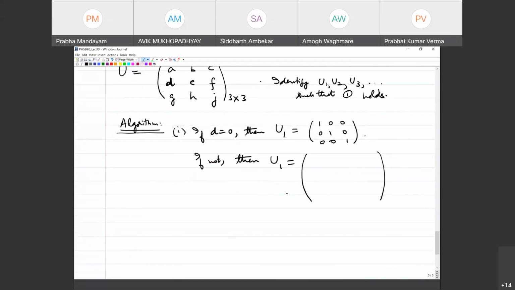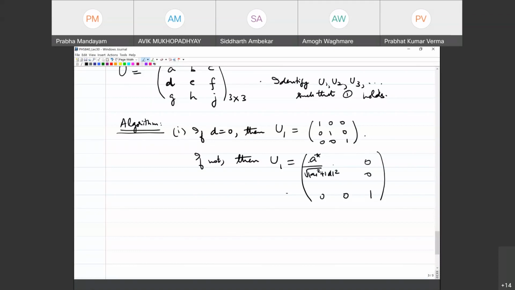Now remember, U1, U2, U3, etc. should be two-level unitaries. So I'm going to populate these 4 entries and leave the rest to be zeros and ones appropriately. What should these 4 entries be? Basically they should be of this form. A star means a complex conjugate. I'm just going to write this down and then you can check that this procedure works.